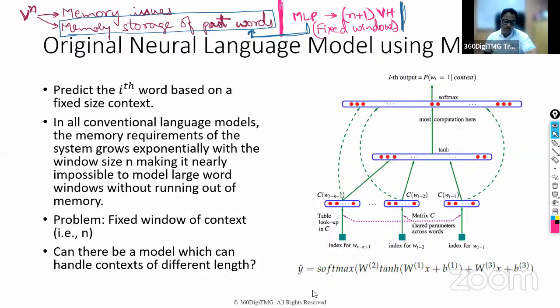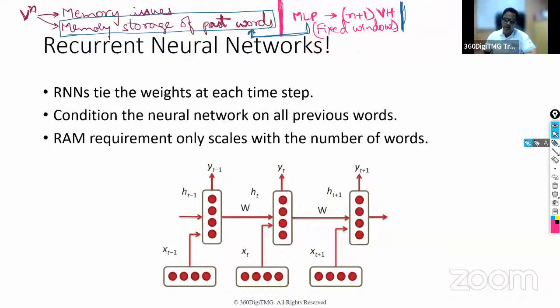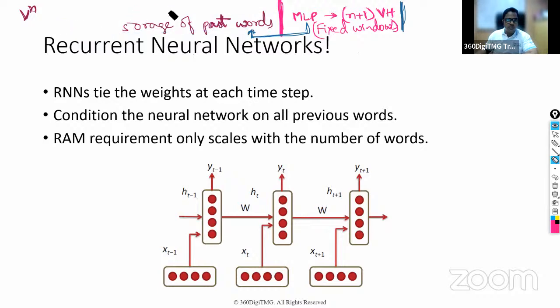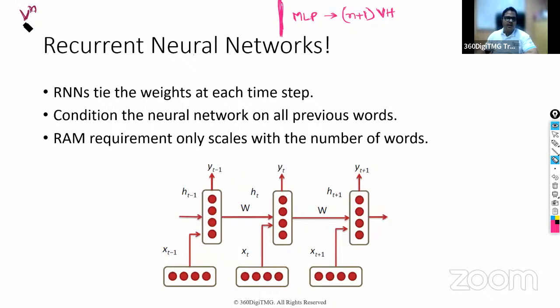To fix these issues, we have something called recurrent neural networks. Let me explain how this recurrent neural network fixes all these issues. I will erase a few things. These issues are fixed and these issues also are fixed. But let me ensure that these 2 remain.